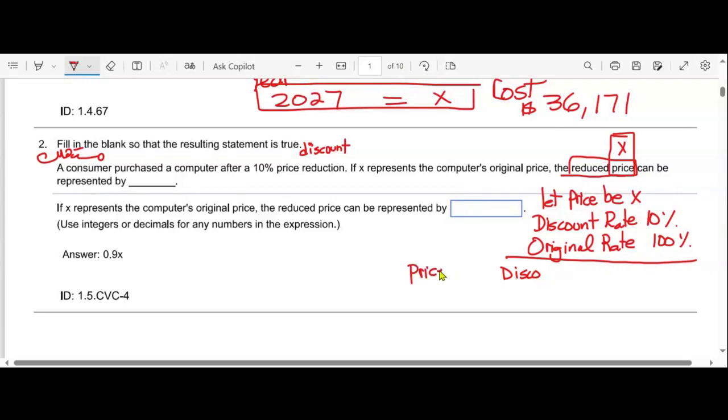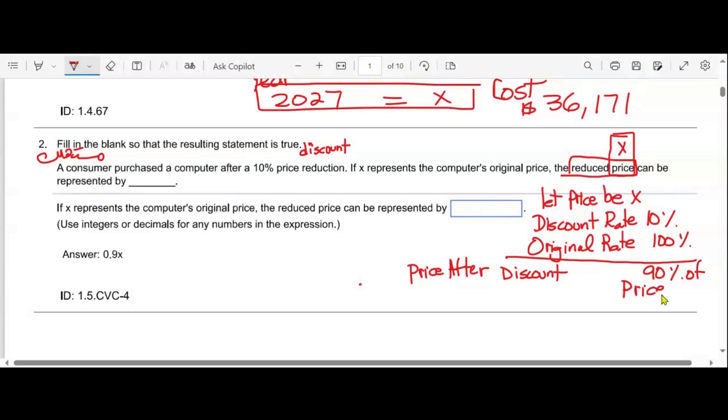The price after discount. How much is the price after discount? 90%. Okay, so the price after discount is going to be 90% of the price.